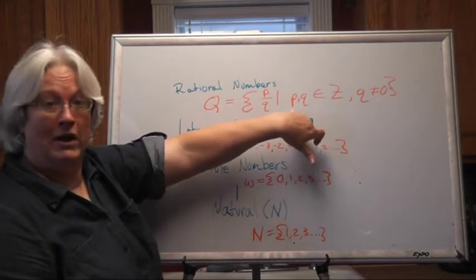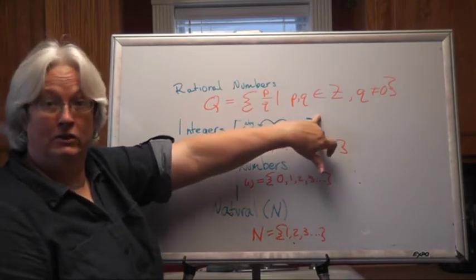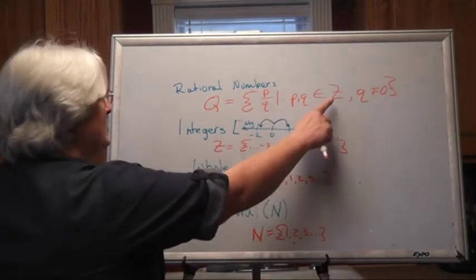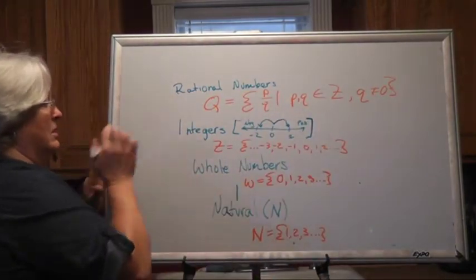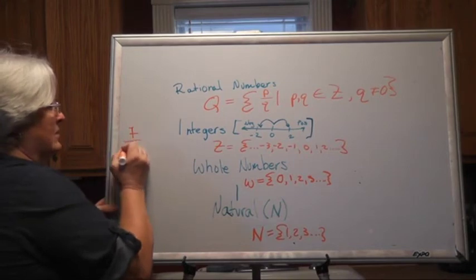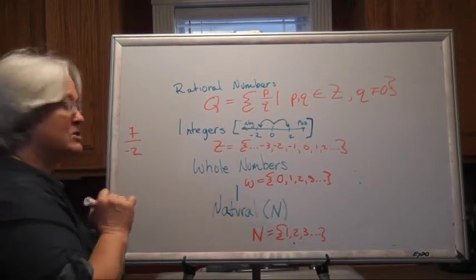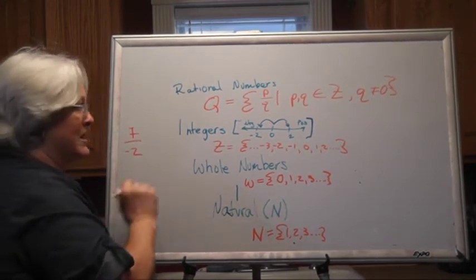The numerator, which is P, and the denominator, which is Q, both of those have to be integers. In other words, 7/-2 is a rational number because those are integers.